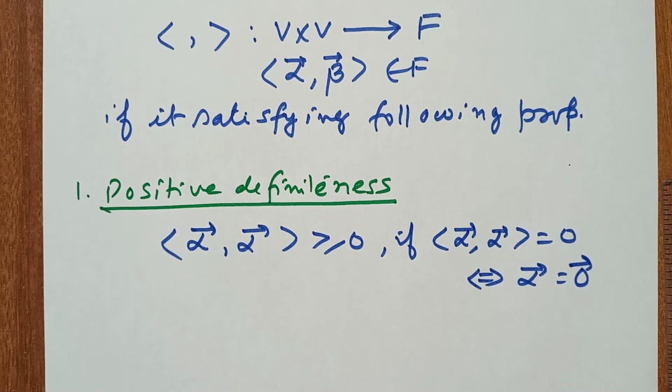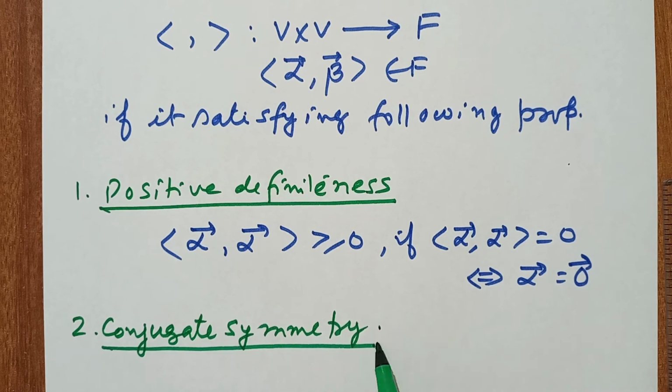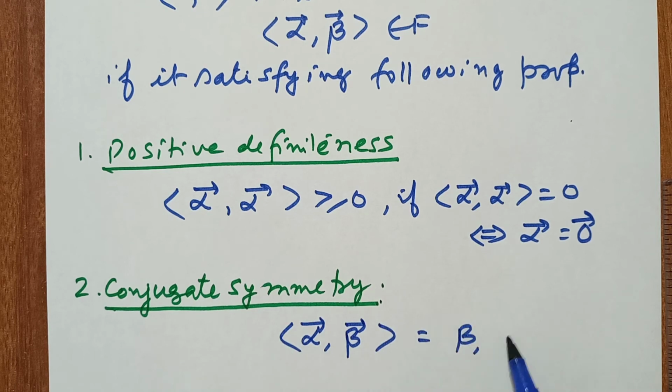Now the second property is conjugate symmetry. Conjugate symmetry means the inner product of alpha and beta equals the conjugate of the inner product of beta and alpha.